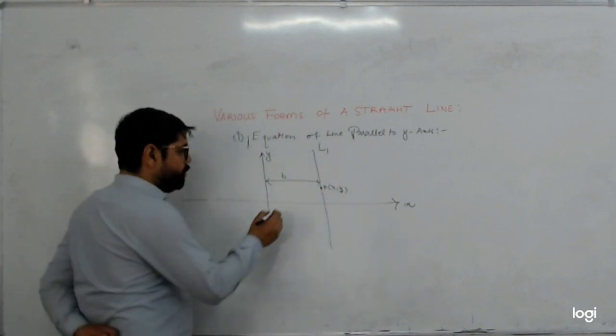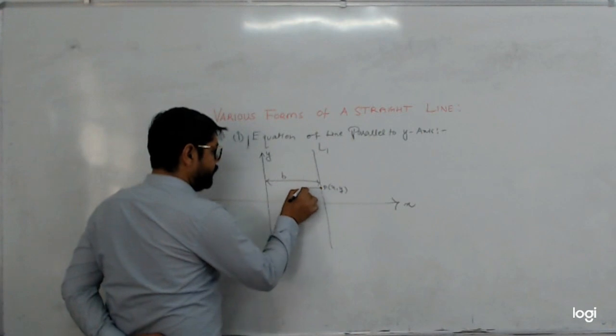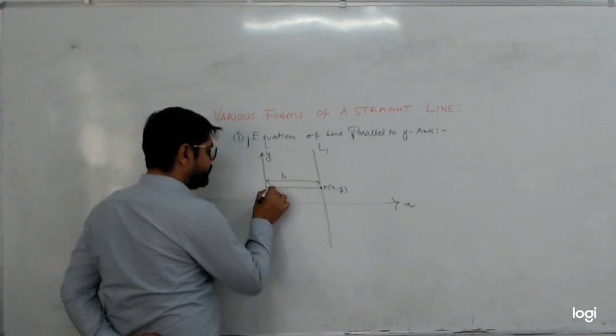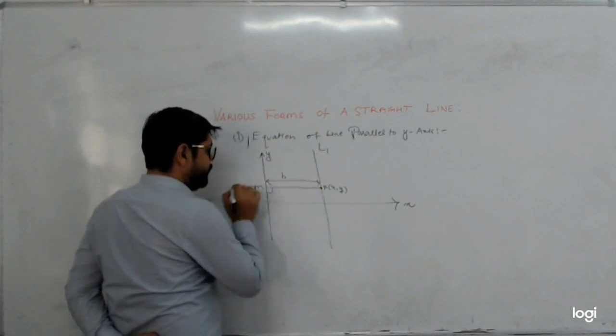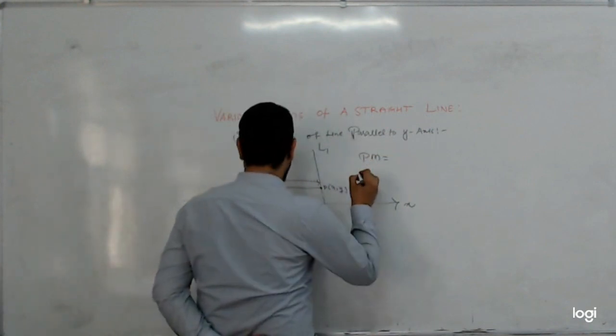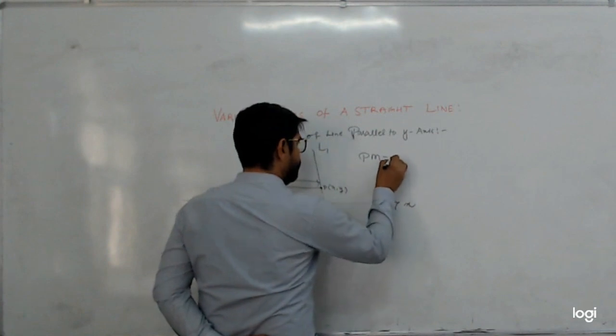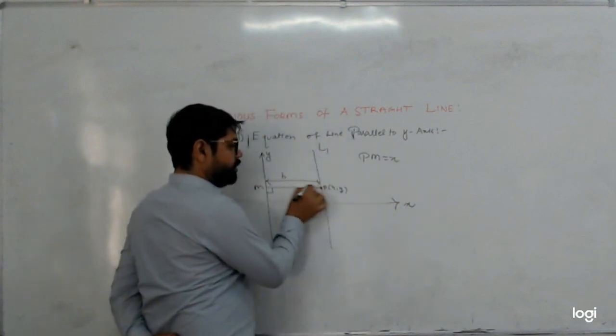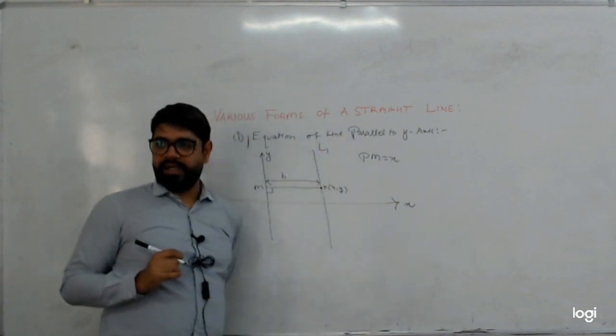Now draw a perpendicular from P to the y axis and let this be M. Then what is the length of PM? Length of PM has to be equal to the x coordinate of point P, that is equal to x.